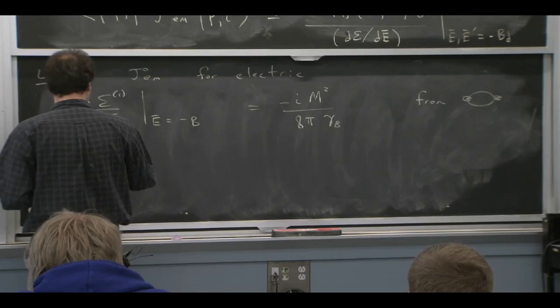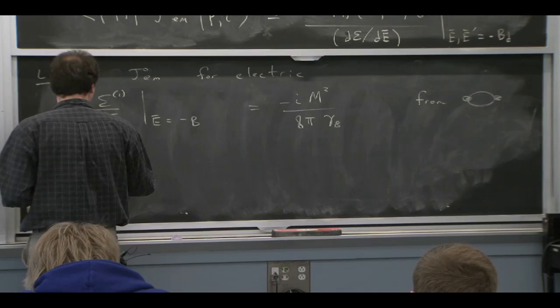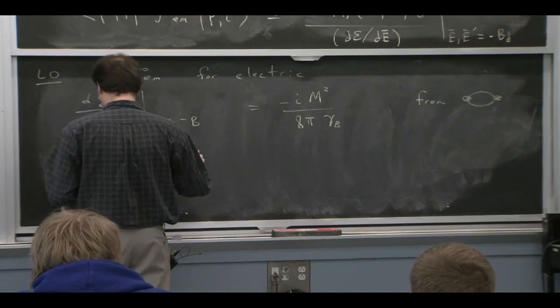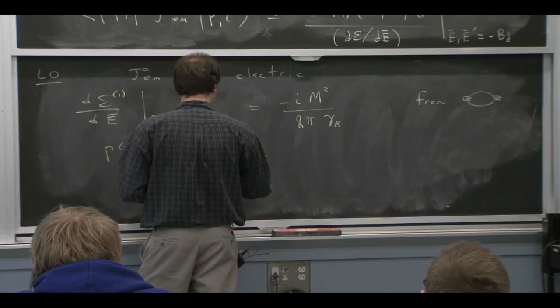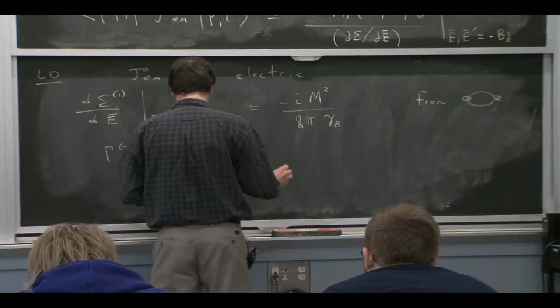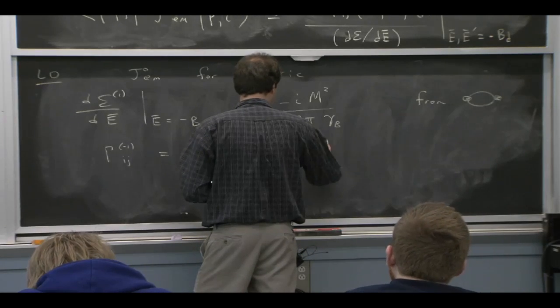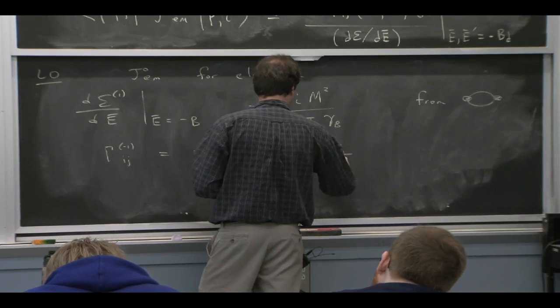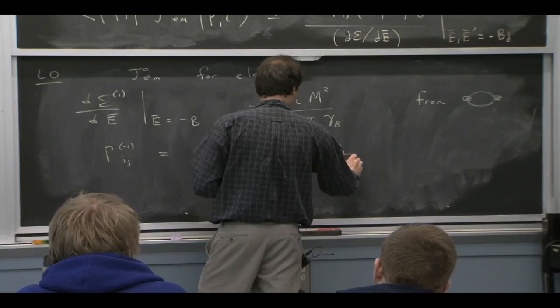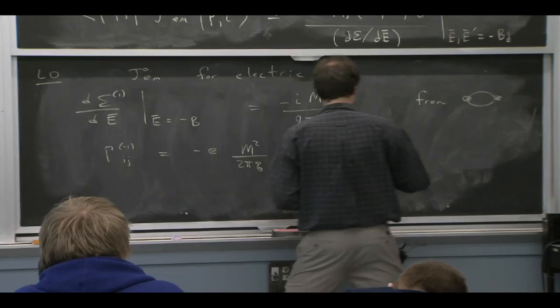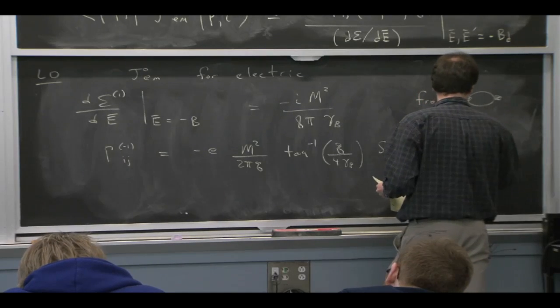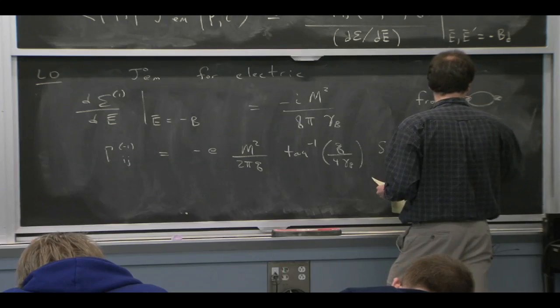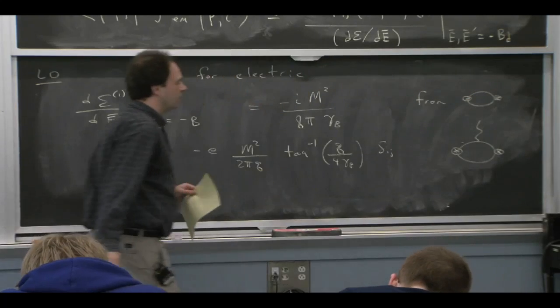Then the first contribution that comes into the 3-point function can be calculated. It's pretty straightforward. It gives a tan inverse, actually. And that just comes from coupling to the electromagnetic proton that's inside the deuteron.